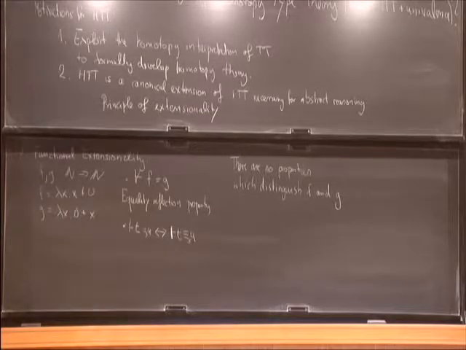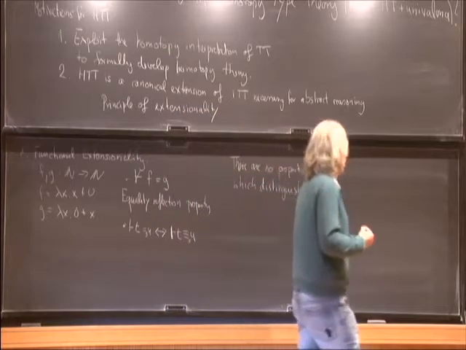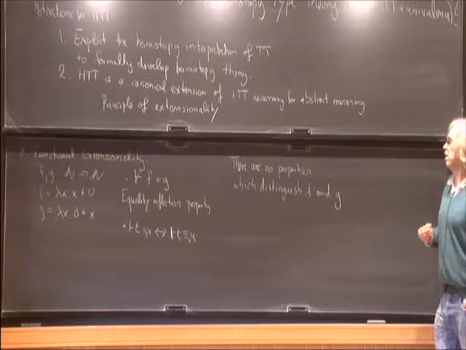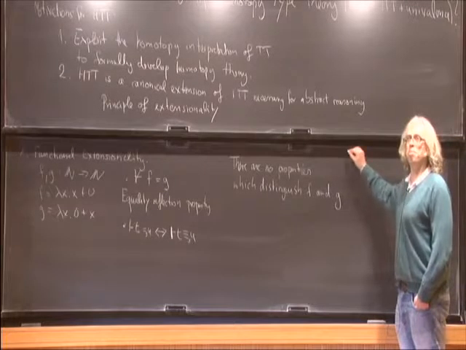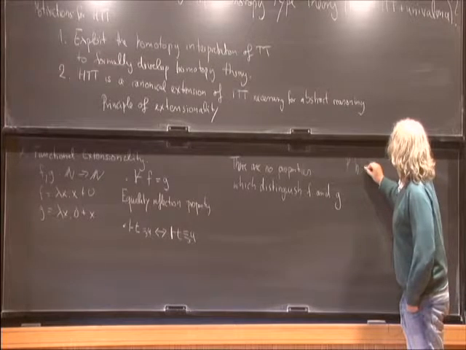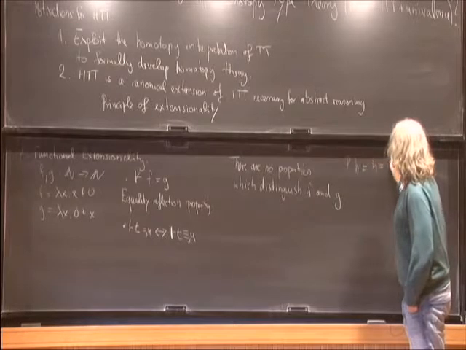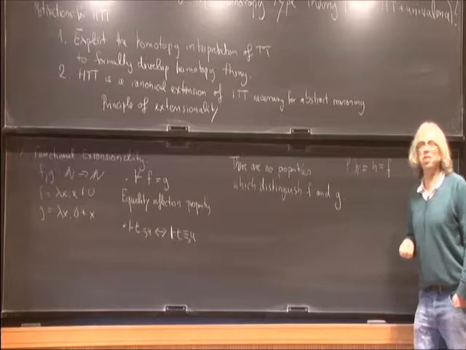First of all, it's not exactly true if I write it like this, because obviously there is a property which distinguishes f and g, namely being equal to f. I could just write P of f, or P of h, is equal to f, and obviously that's a property which distinguishes f and g.